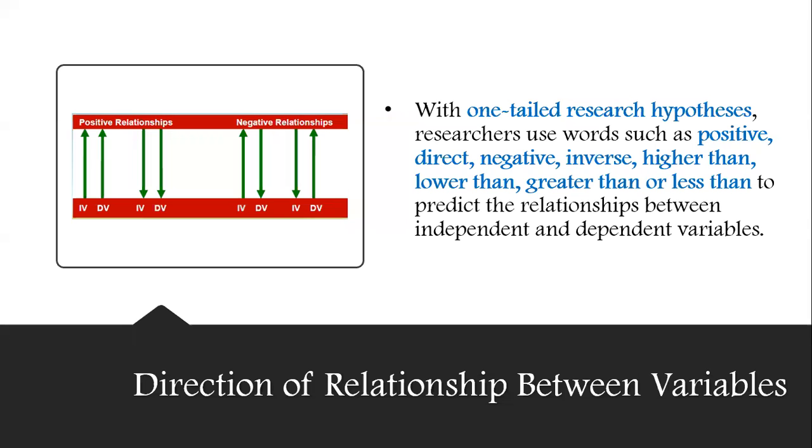With one-tailed research hypotheses, researchers tend to use words such as positive, direct, negative, inverse, higher than, lower than, greater than, or less than to predict the relationships between independent and dependent variables.